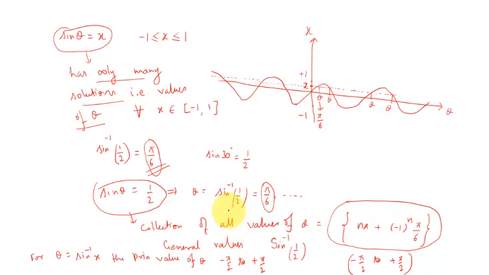Similarly, if we talk about the principal value range of cos inverse x, then the principal value range of cos inverse x is zero to pi.